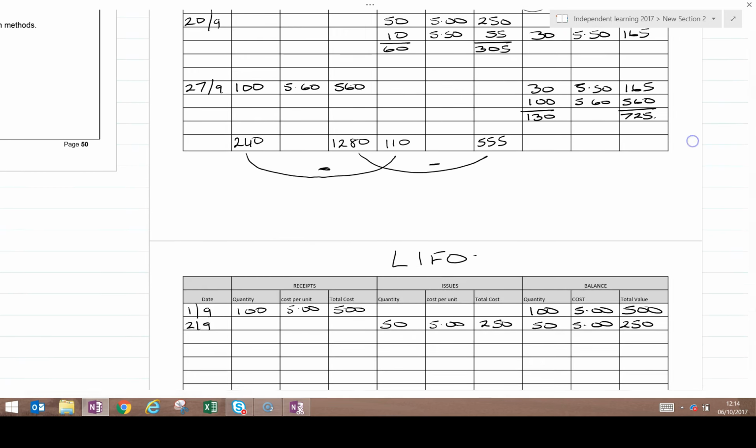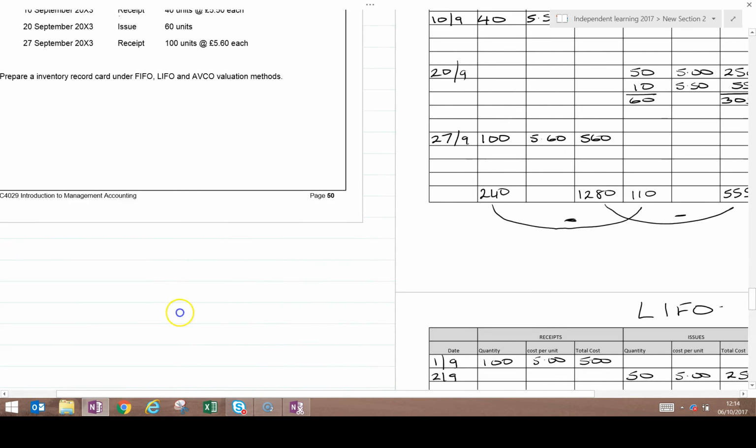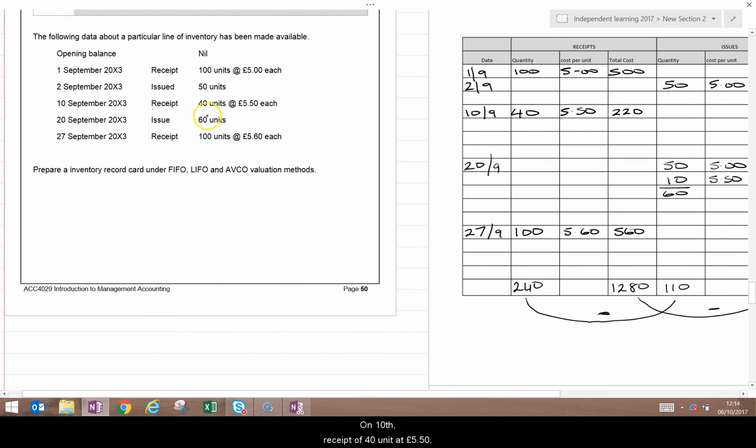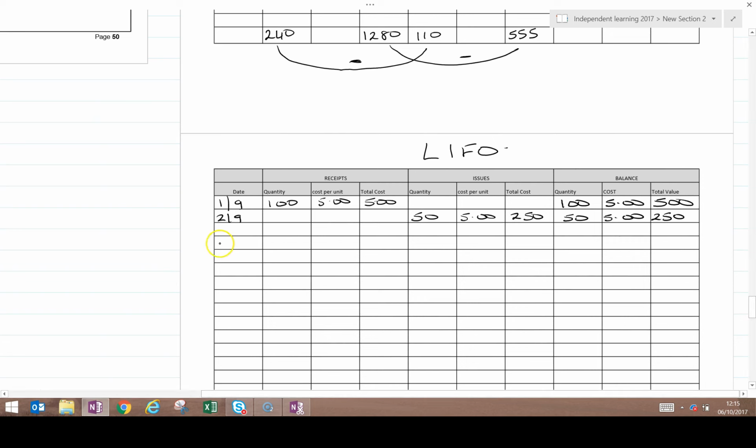So let's look what happens as we continue recording the transactions. So on the 10th, a receipt of 40 units at £5.50. £5.50 gives us £220.